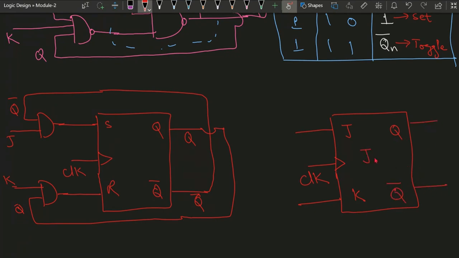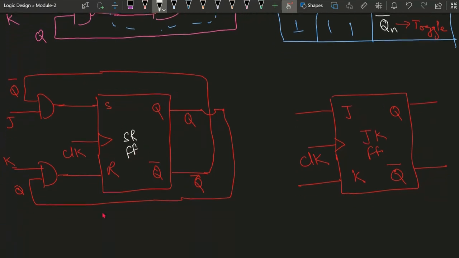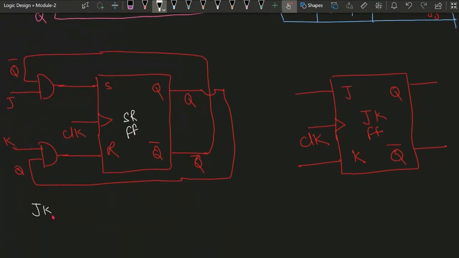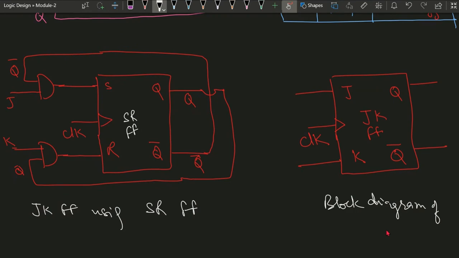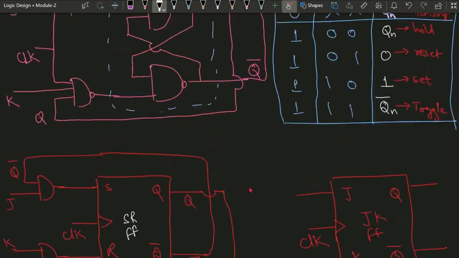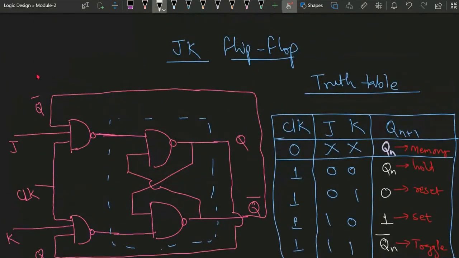So this is the JK flip flop using the SR flip flop. This is the block diagram of the JK flip flop, and this is the JK flip flop using NAND gate.